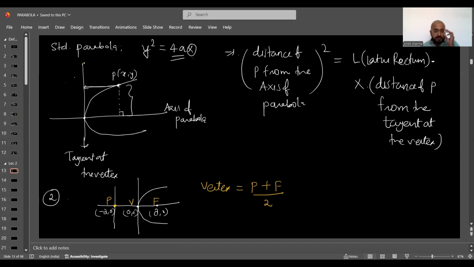These two distances are equal, so that's why this becomes the midpoint. This concept we are also going to use: the vertex is the midpoint of the focus and the point where the directrix meets the axis of parabola. This is also a very powerful finding. In this session, we'll be solving some questions based on the very basic property.